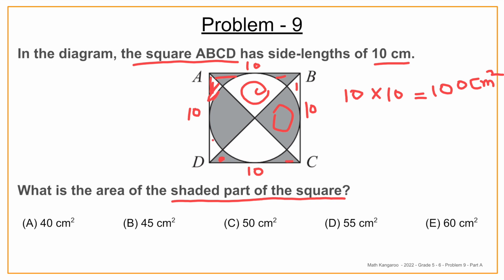This gray we can move in here. Now we have this, we can reposition this one, so we fill it. So now we have half of the square filled with gray. Since the complete area is 100 square centimeters, what would be the half area of the square? That is 50 square centimeters. This is our option C.